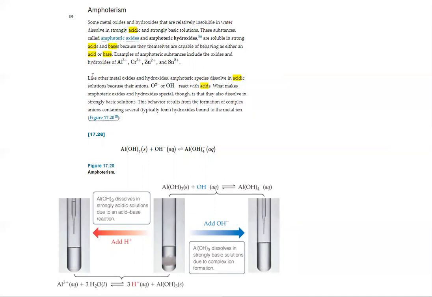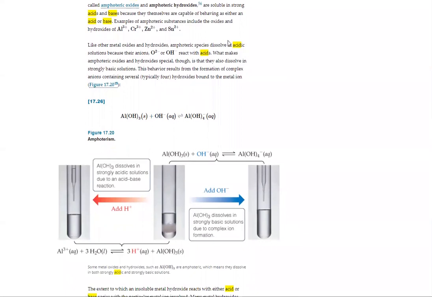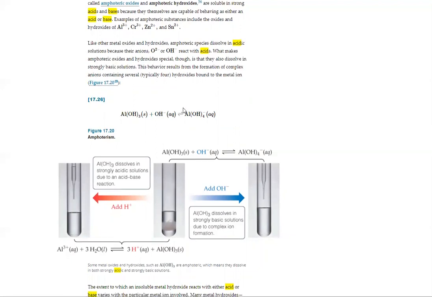Like other metal oxides and hydroxides, they dissolve in acidic solutions because their anions, O2- and OH-, react with acids. So these things that the metals were originally bonded to will react with the strong acids, and they will dissociate into soluble ions. So you'll see it here.